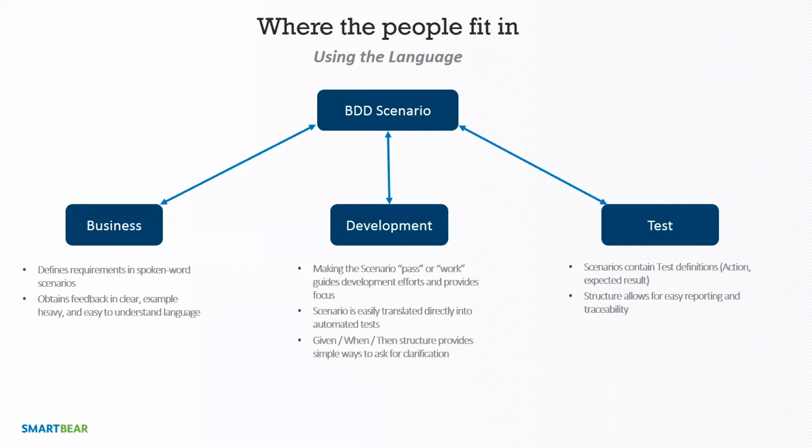So there are 3 main roles in all of this. The business person, the person who's actually defining the requirements. What are we building? What are we trying to accomplish here? The benefit of putting things in that BDD scenario, that given, when, then statement, for that role is very clear. 1, it's an easy way to write a requirement.